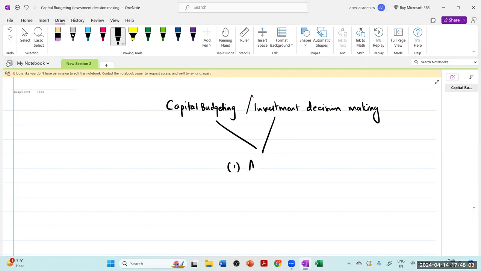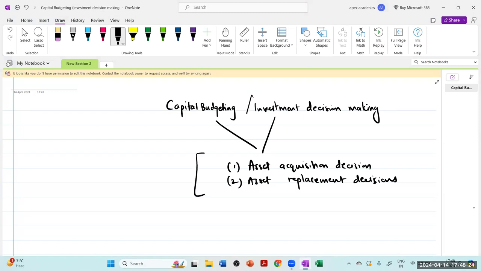There are asset acquisition decisions and asset replacement decisions, which primarily have to be taken.